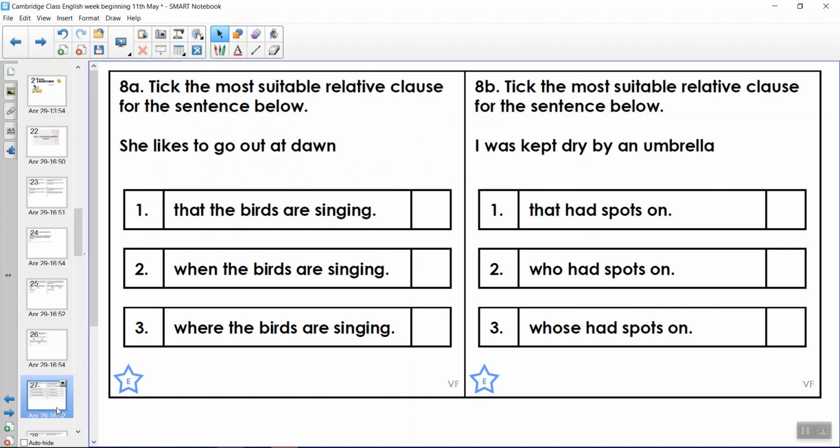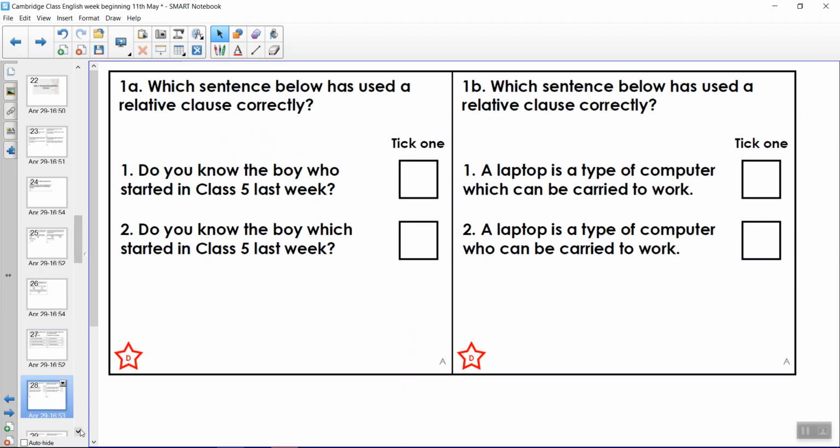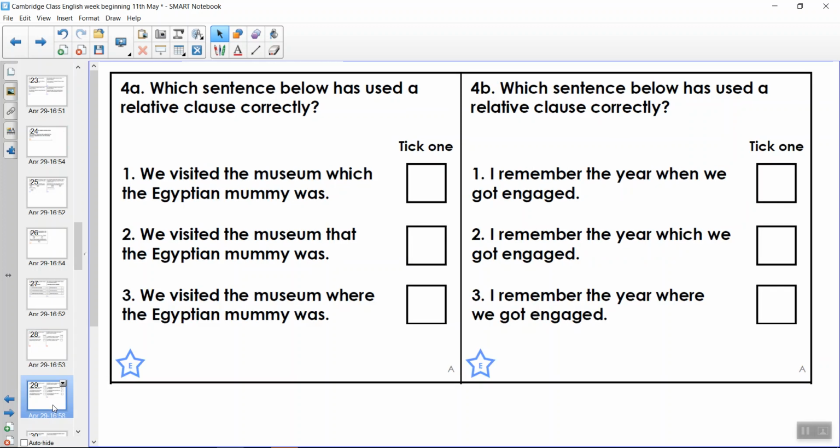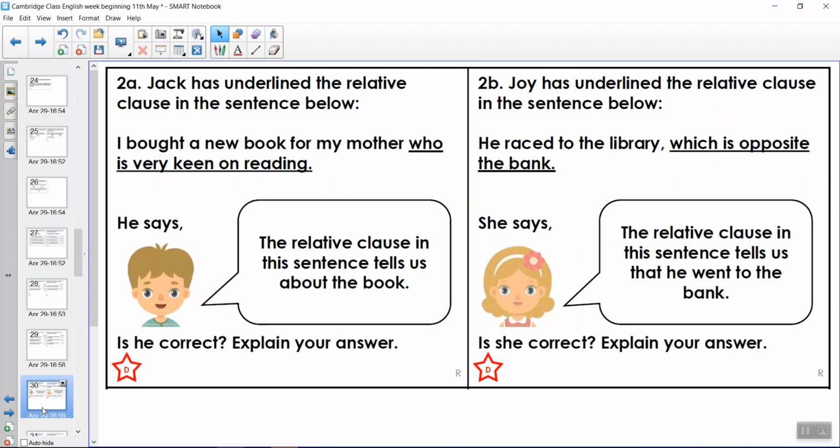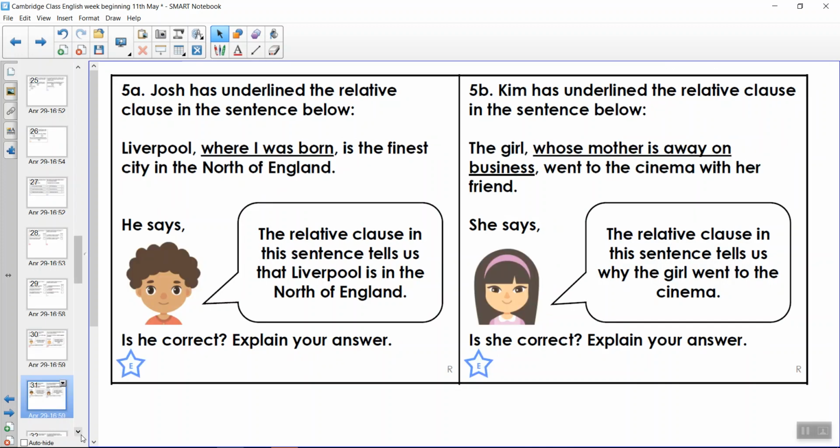Here's an explaining one to do. And another explaining one.